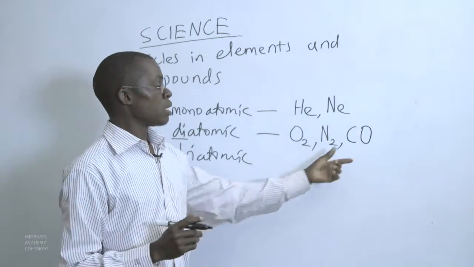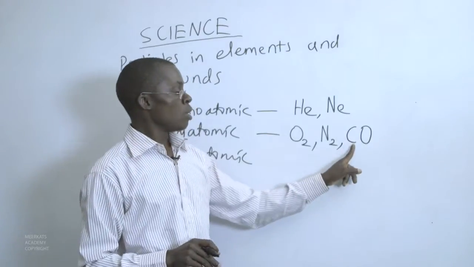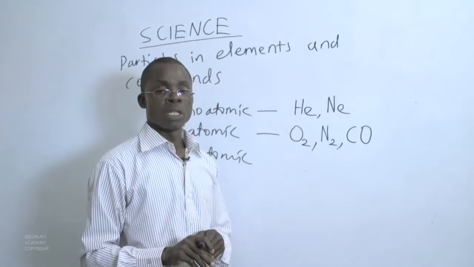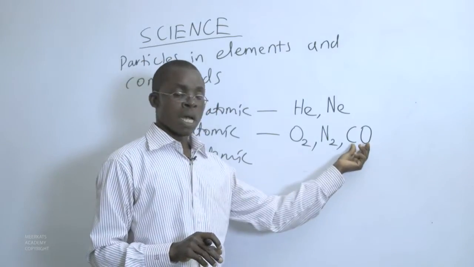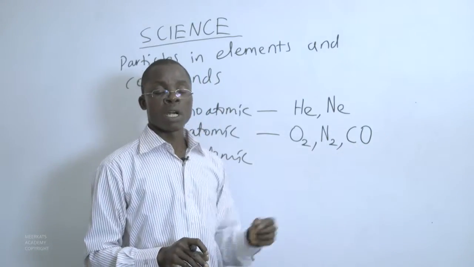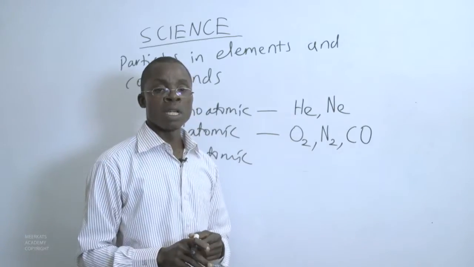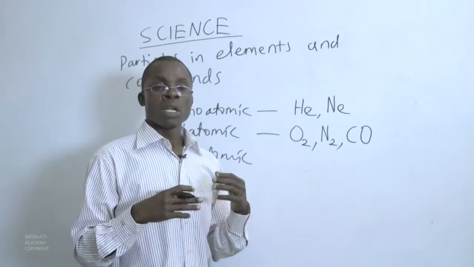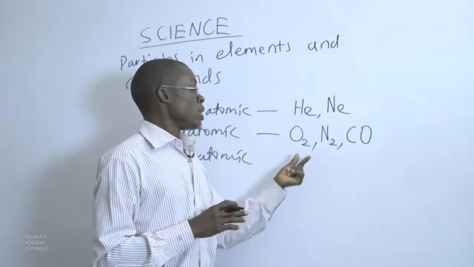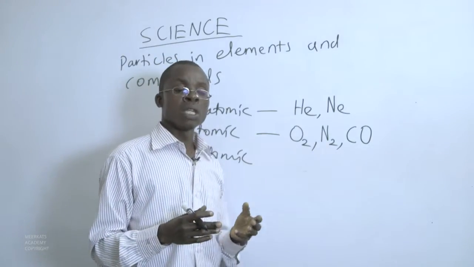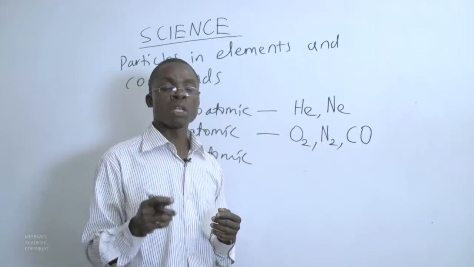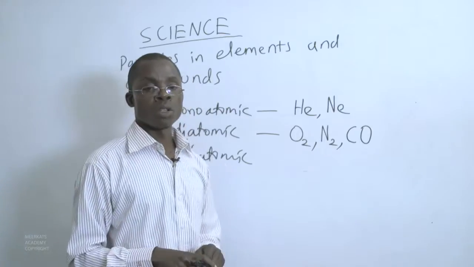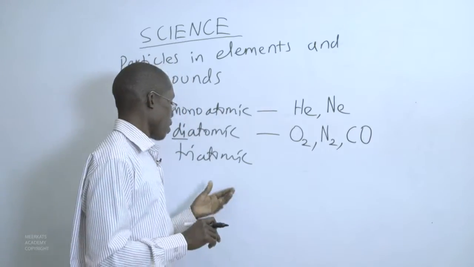Looking at it, these are two atoms, one atom of carbon, another atom of oxygen. Since these are two atoms and this is a gas, it can also be called a diatomic gas. Though we commonly talk about diatomic gases in respect to those gases that have atoms of the same element, it also applies to atoms of different elements.